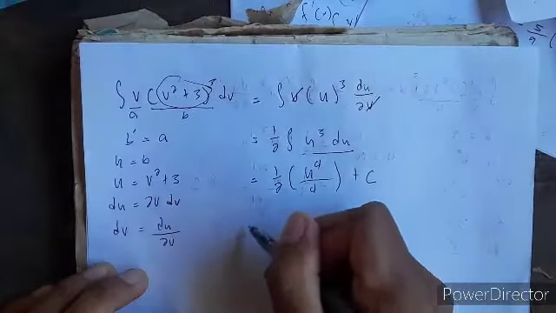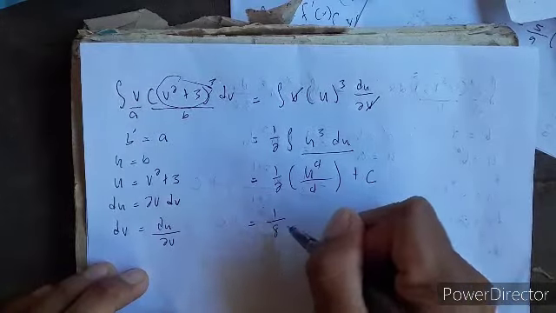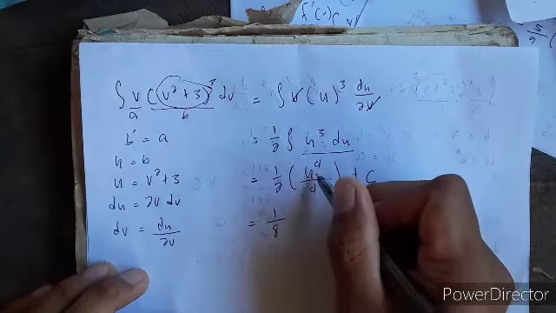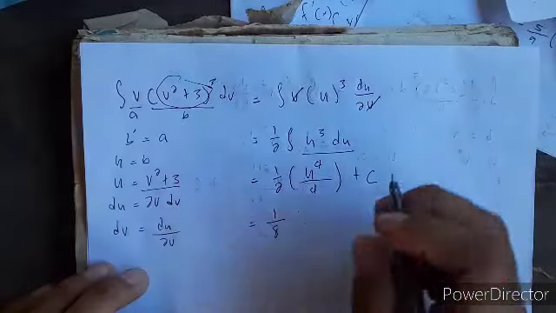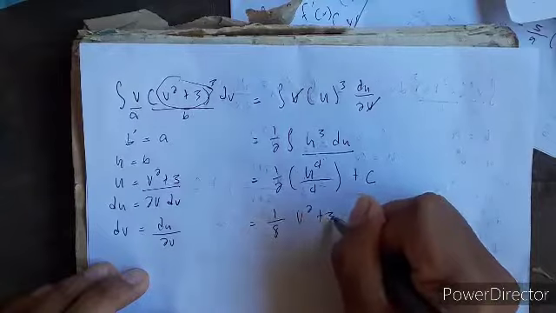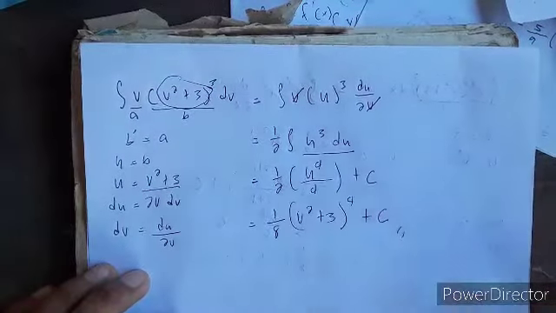By simplifying, we have 1/2 times 1/4, so we have 1 over 8. Our value of u is the original value, v squared plus 3, raised to the power of 4 plus c, and this is our final answer.